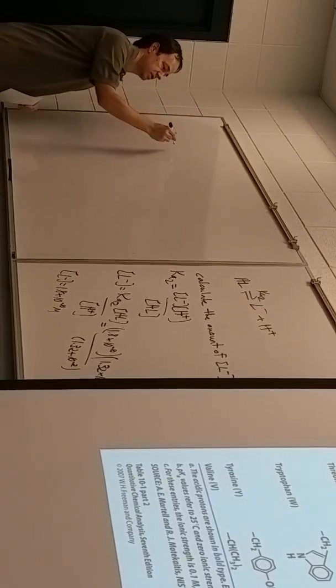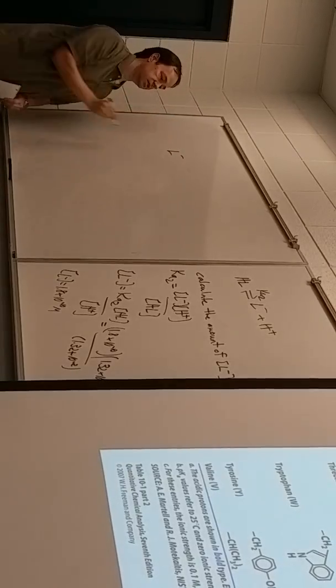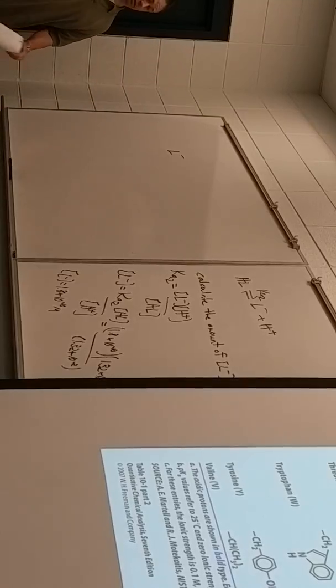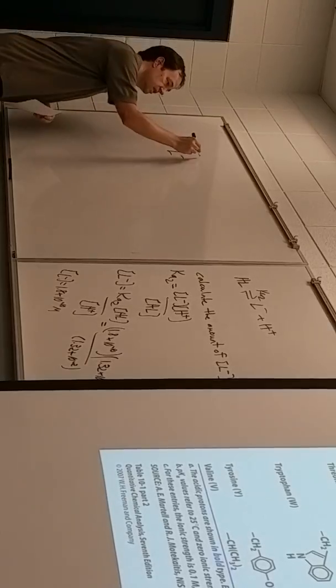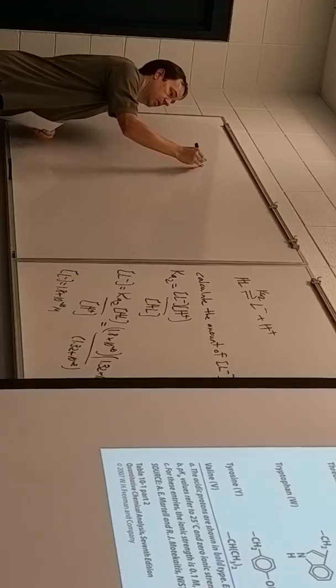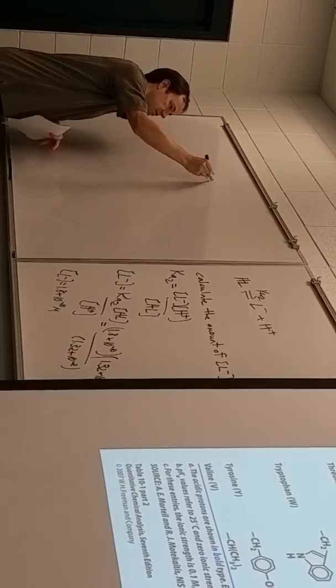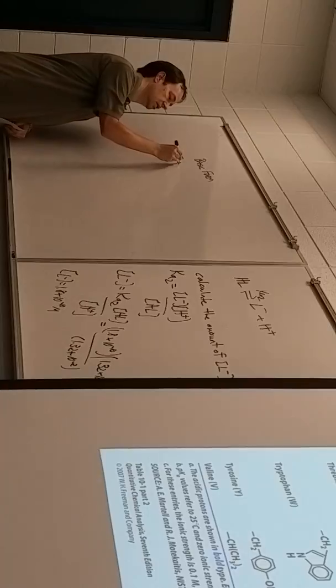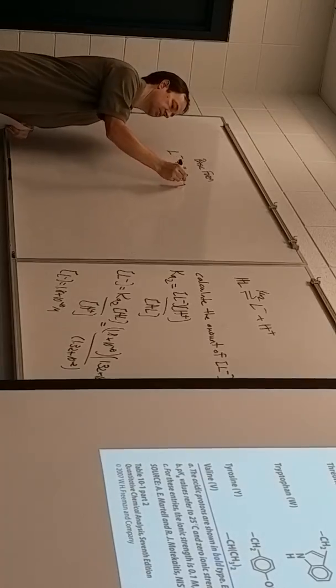All right, so let's say we have a solution that only contains the completely deprotonated form. Let's, for our purposes, call this the basic form. Not basic in that it's nondescript, but in that this is itself actually a weak base, because obviously you can't lose any more protons. So it's going to react with water.